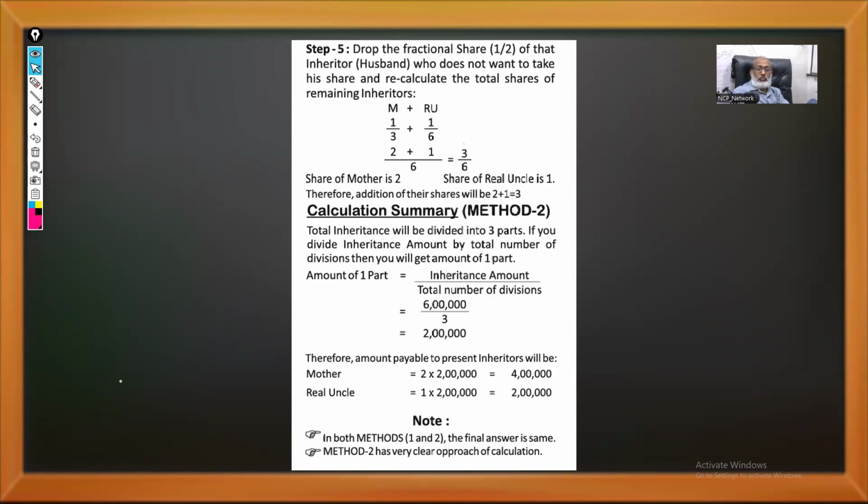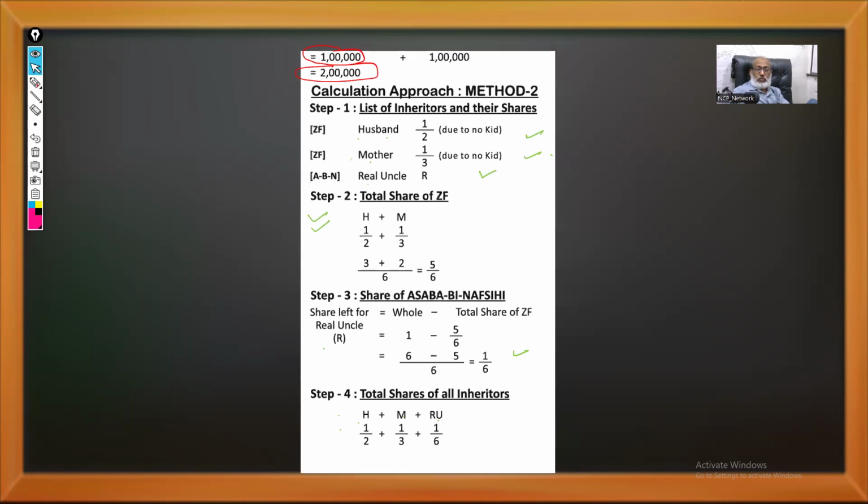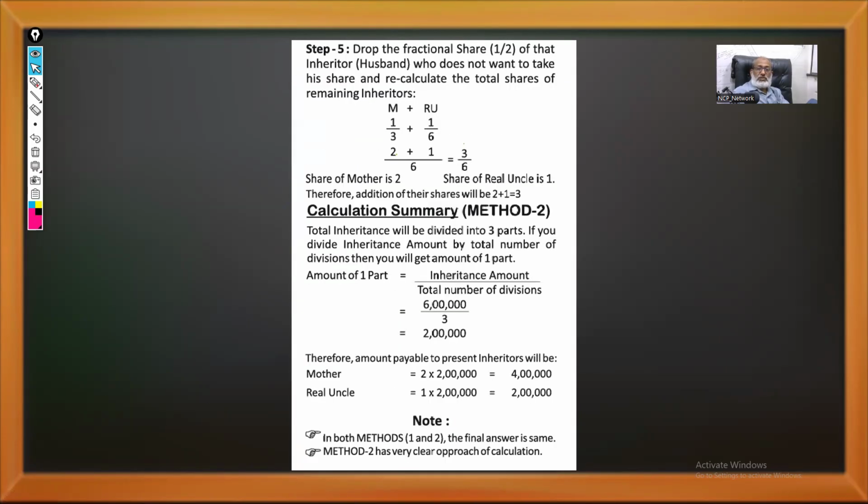So we are removing this one from here. The remaining heirs are the mother and the real uncle. And we can see here the mother's share is 2 and the real uncle's share is 1.